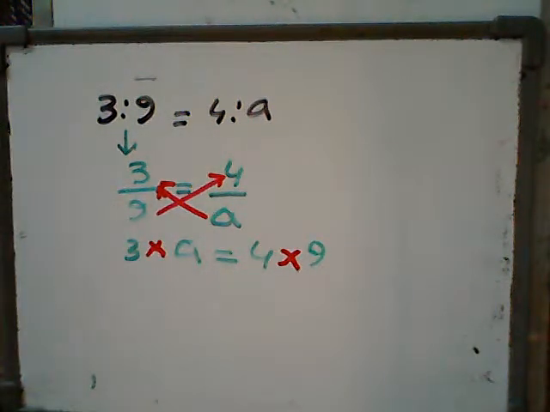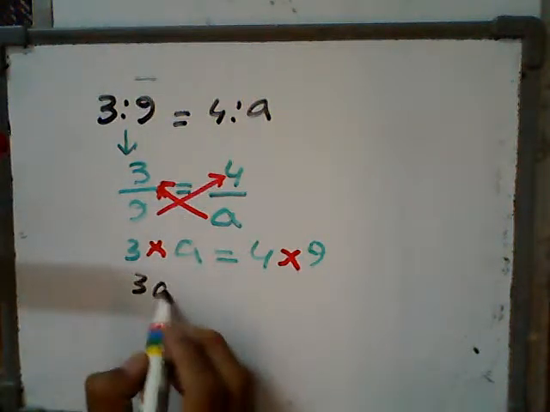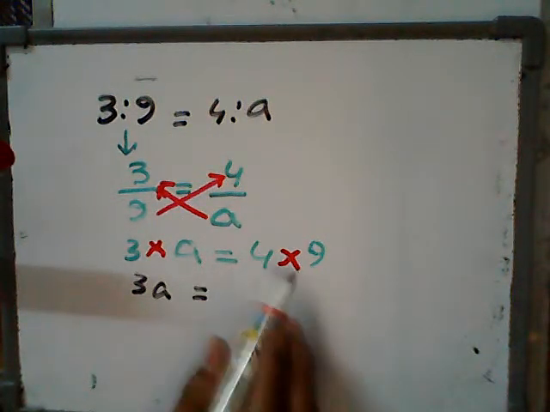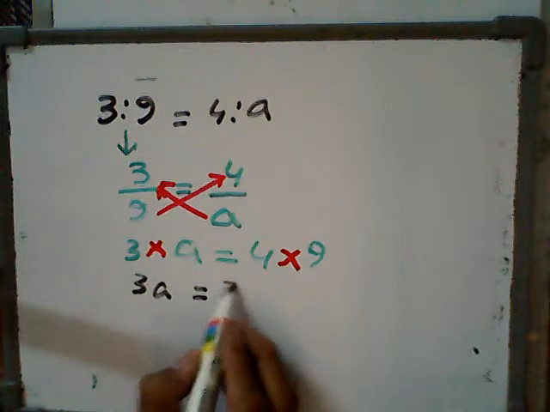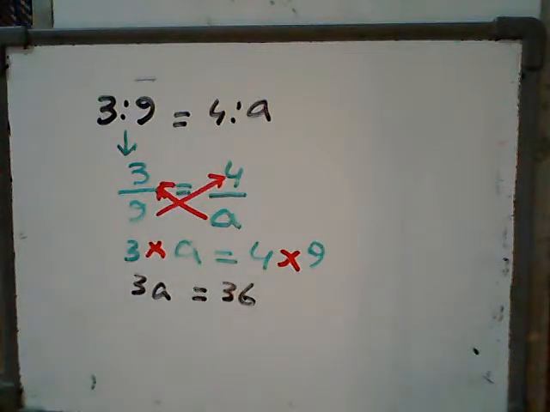Now it gives us 3a is equal to 4 nines are 36. Now there's an equation. In this equation, you can see that a is multiplied with 3.